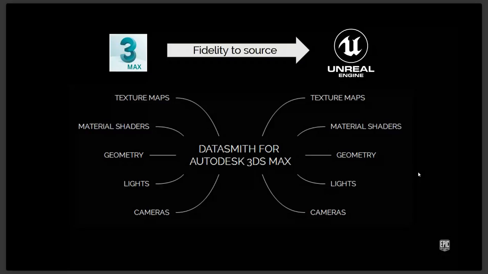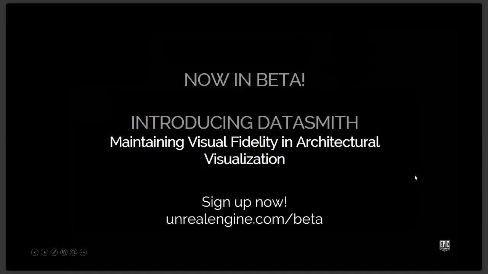We support V-Ray, we support Corona, and you're able to translate and transport all of that information directly from 3ds Max into the engine. The goal is fidelity to the source. It's not quite a one-to-one transfer, but the goal is to really shave hours and days off of your workflow and make it a lot easier to use 3ds Max. So if you haven't had a chance to check that out, please head over to unrealengine.com/beta, sign up for the beta, and let us know what you think about Datasmith.